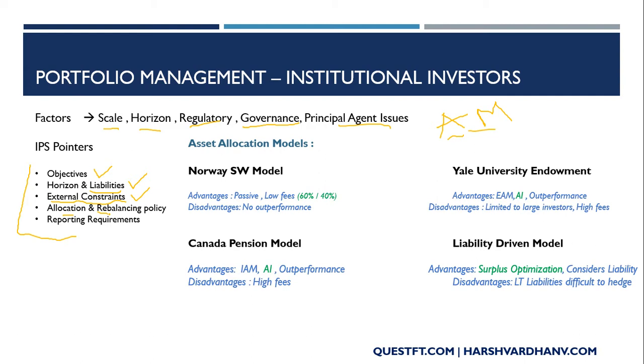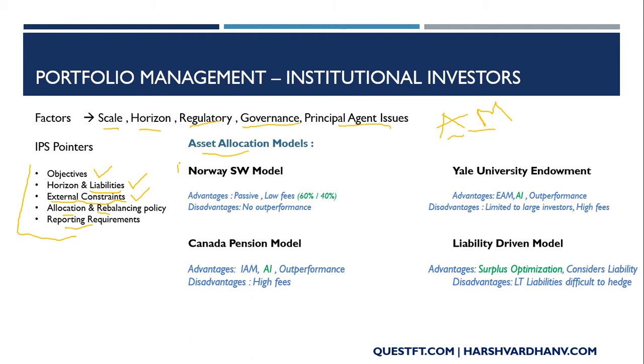And what are the reporting requirements, from a regulatory perspective or from an investment presentation perspective? There are four asset allocation models mentioned in the chapter.